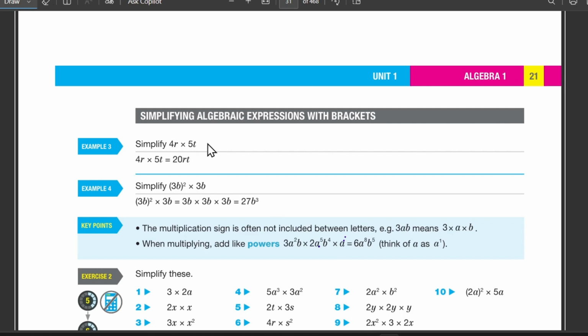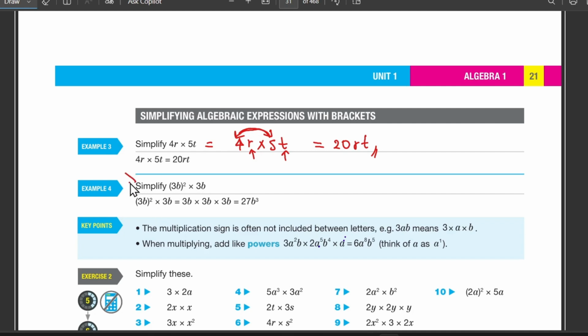So here, 4r times 5t, we can only simplify these two because these two are numbers. We can write 4 times 5 is 20, and we can't do anything to these two, so they are just here. So this is the simplified answer.